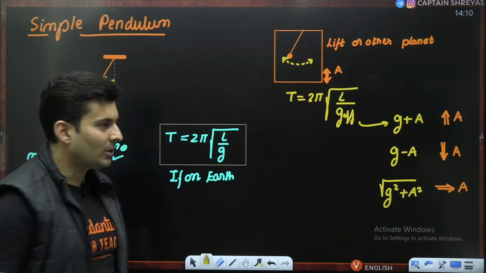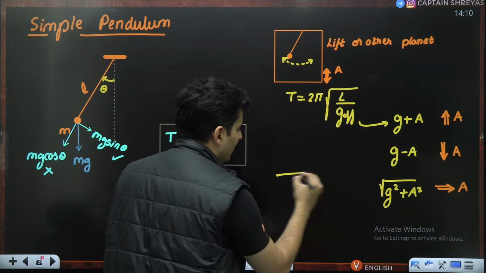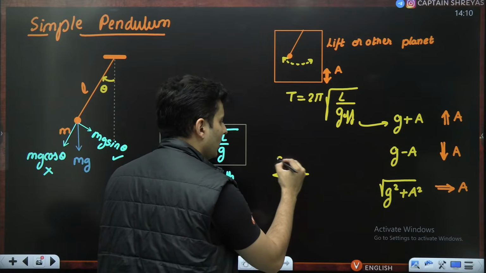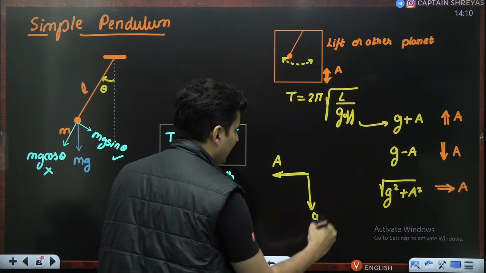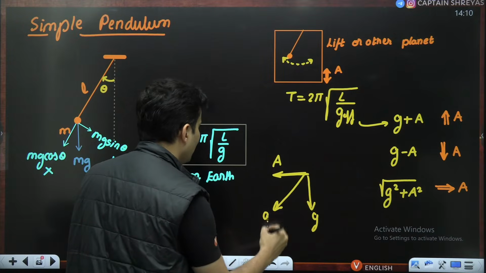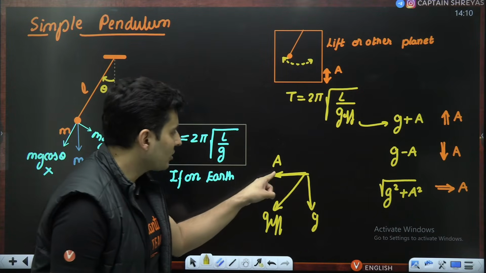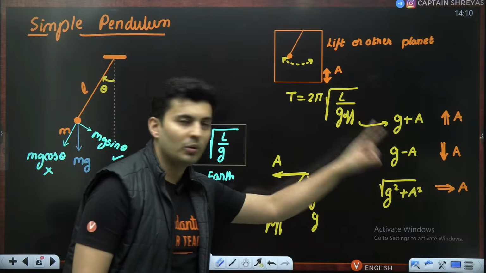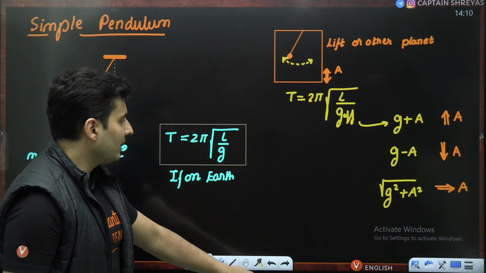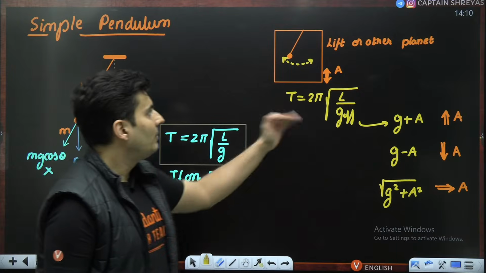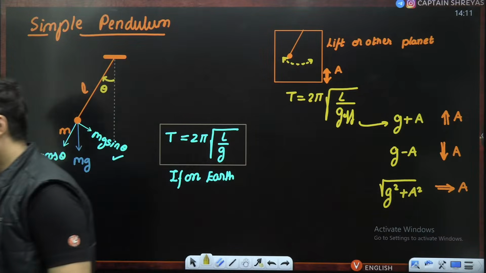You have to use Pythagoras. If it is going sideways, then the acceleration due to the lift's motion will be this way, actual gravity will be like this, and g effective will be in this direction. So you have to take the square of a and the square of g and put it under the root to get the resultant value. That is what will be different depending on whether the lift is going up, down, or on some other planet.